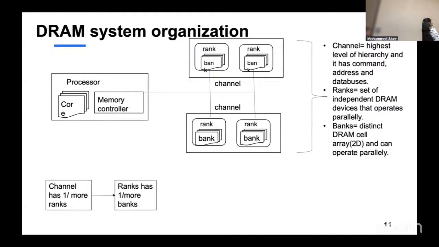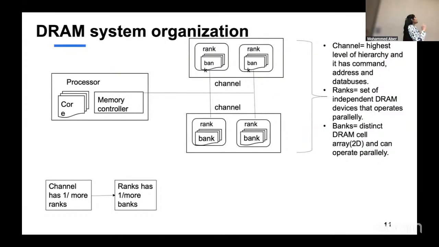And coming to the DRAM system organization, the memory controller is linked to channels. It can have one or more channels, and each channel has one or more ranks, and each rank has one or more banks. That is the hierarchy. So what is a channel?